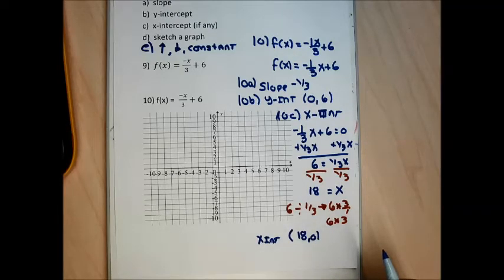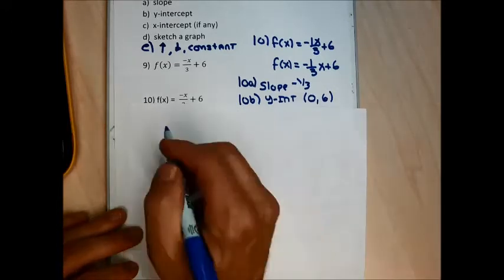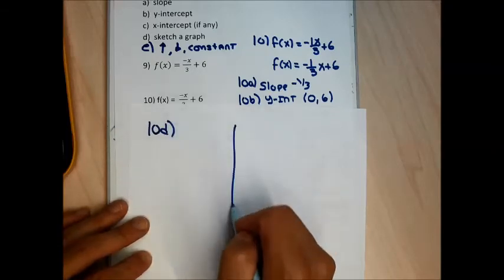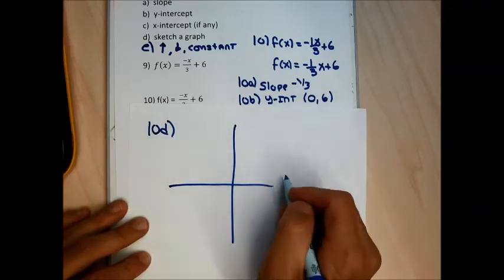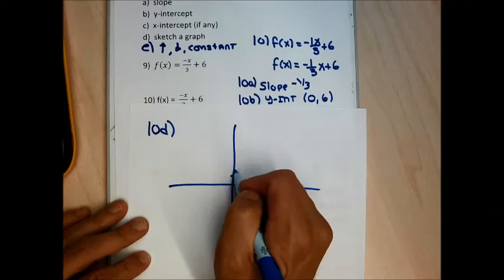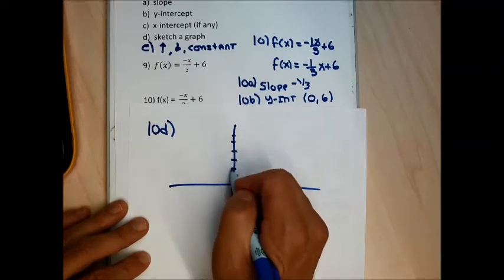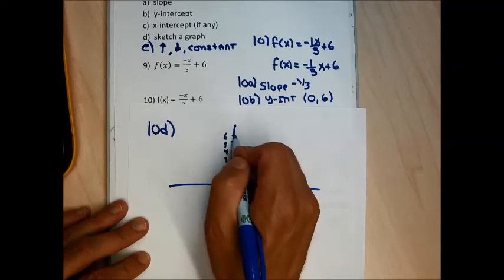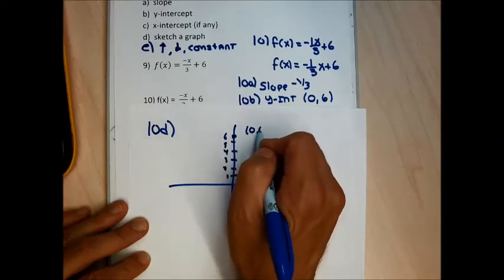All of a sudden that doesn't fit on my graph, so I'm going to bring another sheet of paper here just to do a graph of this, and then I'll worry about the increasing and decreasing part that I didn't have on here either. So when I go to sketch a graph for 10D, the y-intercept is the point 0, 6. So 1, 2, 3, 4, 5, 6. So the y-intercept is on the y-axis at the point 0, 6.